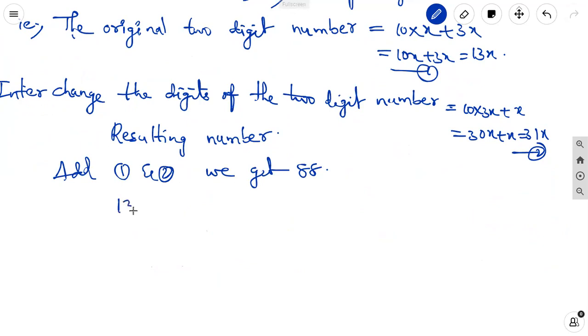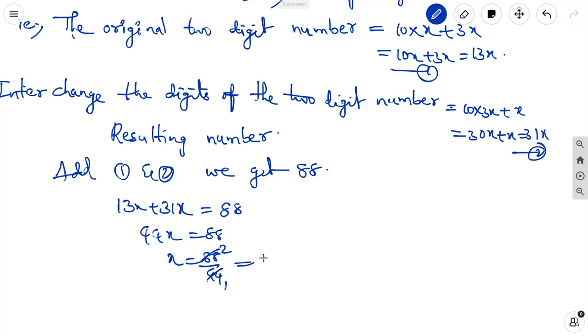That is 13x plus 31x equal to 88. 13 plus 31 is 44, so 44x equal to 88. x equals 88 by 44. 44 ones are 44, 44 twos are 88. x equals 2.